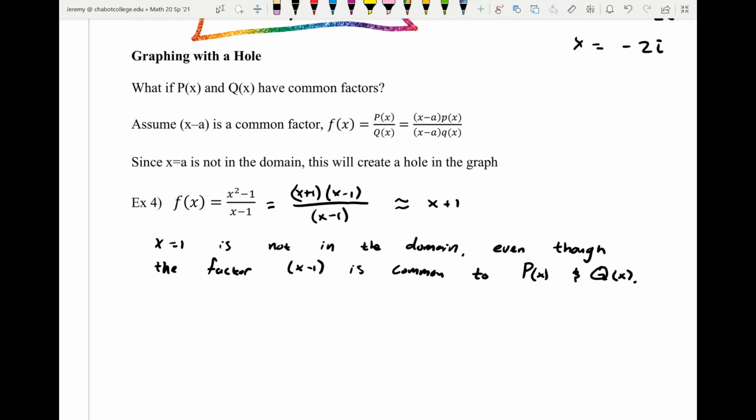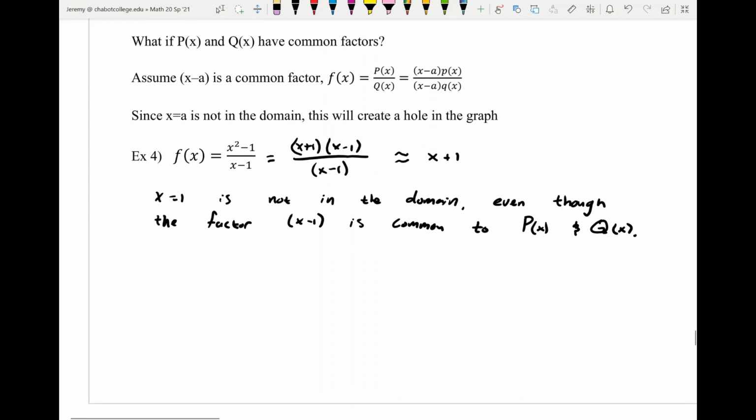So the way we can think of this now is, for any number other than x equals 1, if you plug it into f of x, you're going to get the same output as x plus 1.